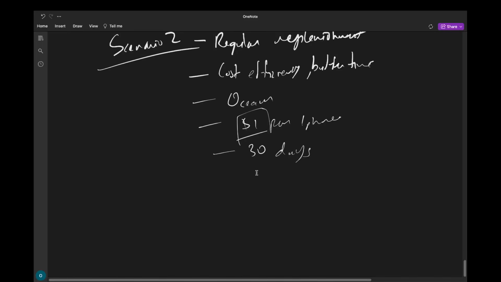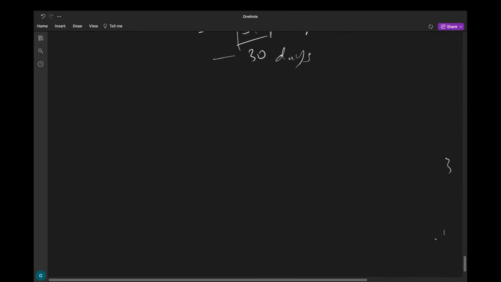Okay. Now let's go to the next one. Truckload versus less than truckload. So let's understand what a truckload is. So you have a truck.